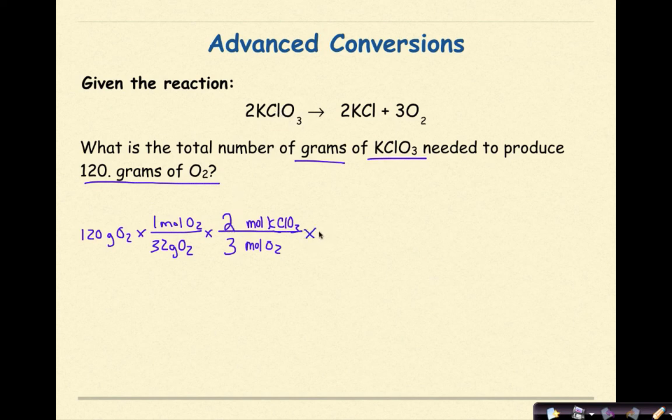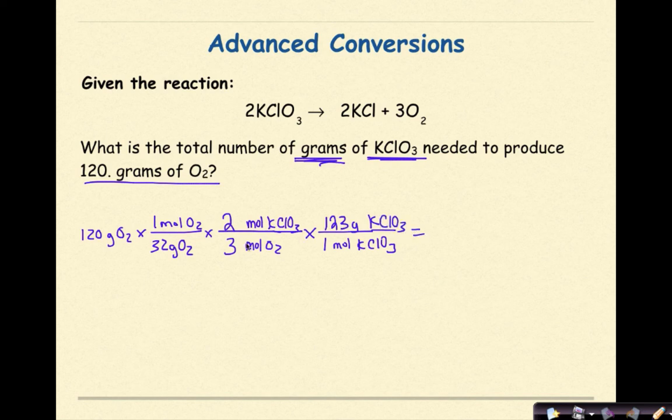And now I am in moles of KClO3, but I do not want moles of KClO3. I want the mass of KClO3. So I'm going to say 1 mole of KClO3 is equal to the gram formula mass of KClO3, which I will tell you is 123 grams of KClO3.